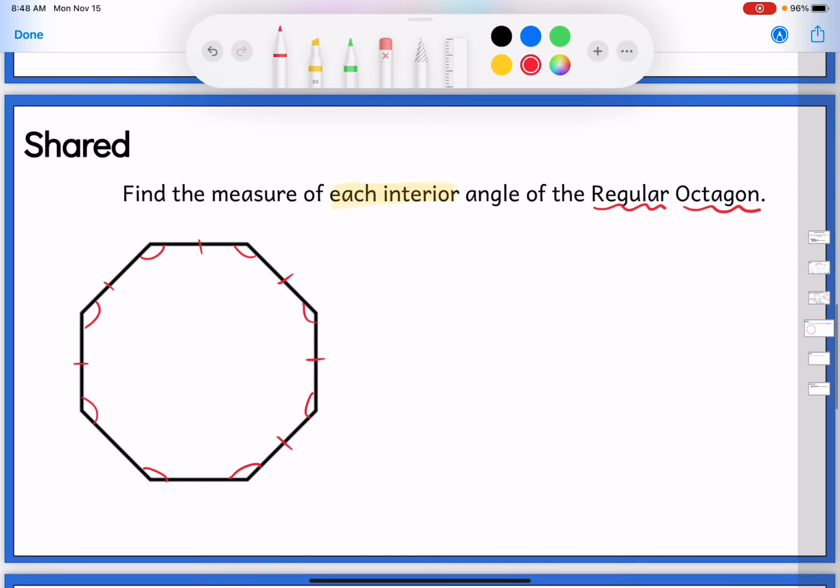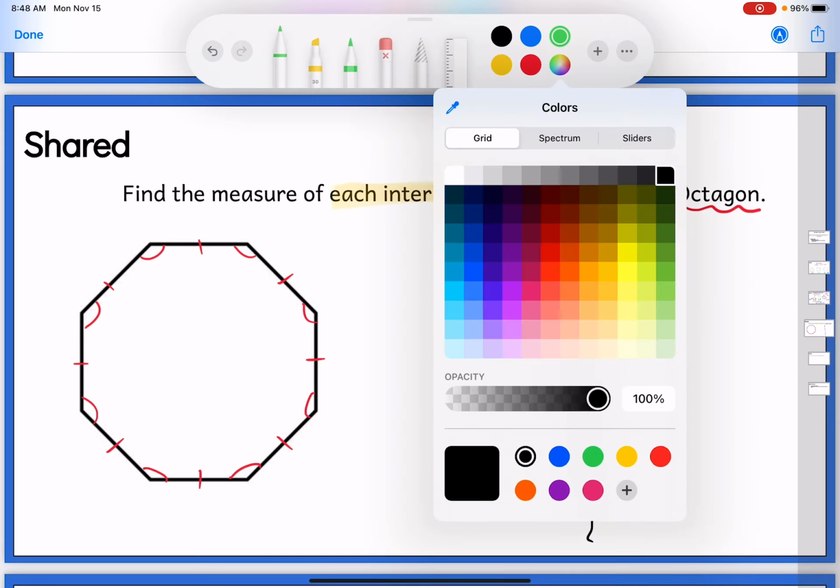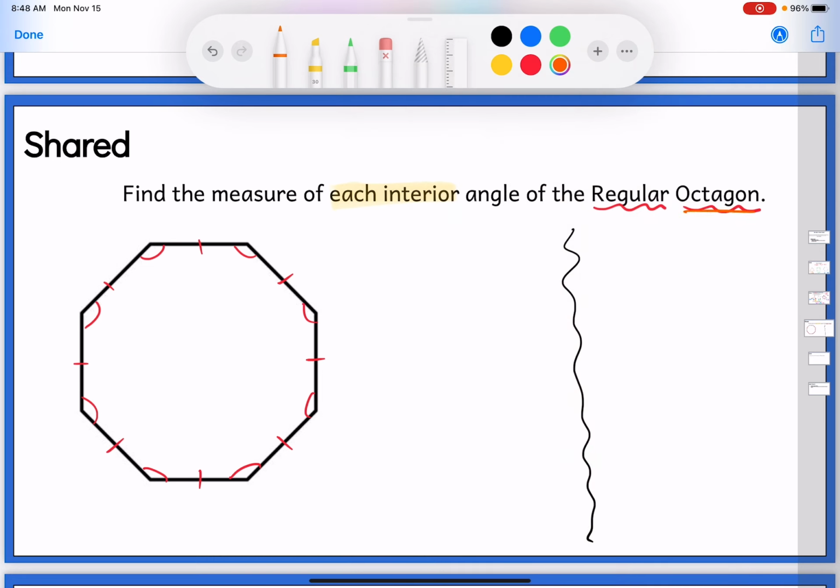All right, now there are 2 different ways to do this. So I'm going to kind of split my space over here in half so I know that I don't overpower anything. So one way would be, can I figure out the sum of all of the interior angles and then divide by how many there are, right? So if I have a regular octagon, that means N equals 8, right? So I could start by saying, all right, sum of the interior angles is N minus 2 times 180.